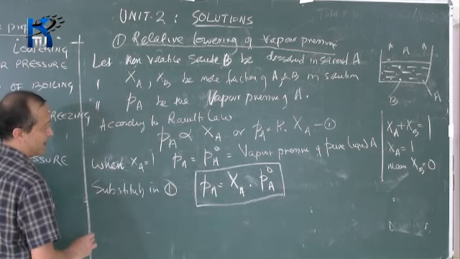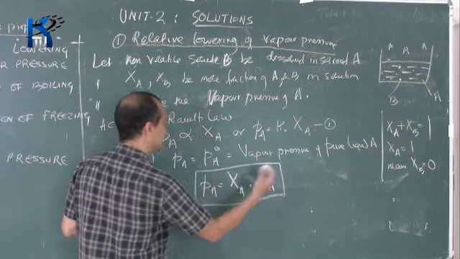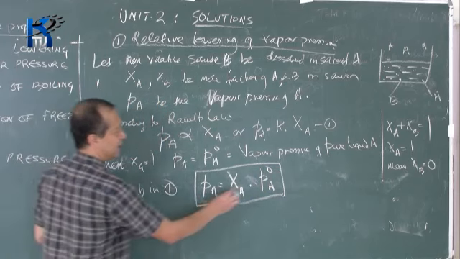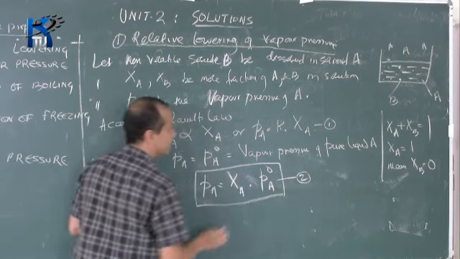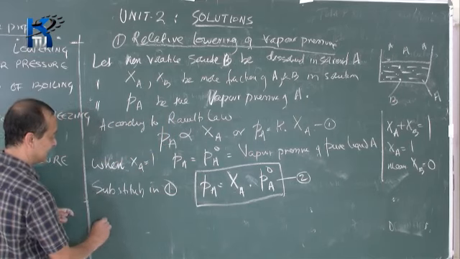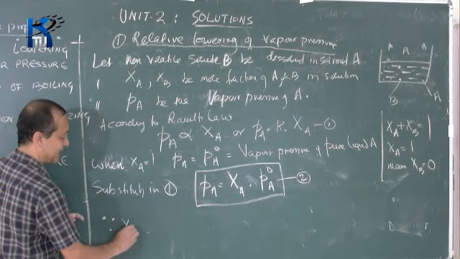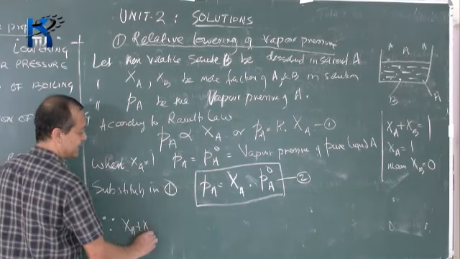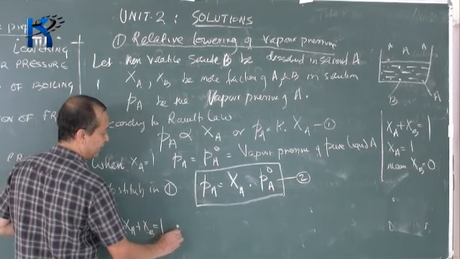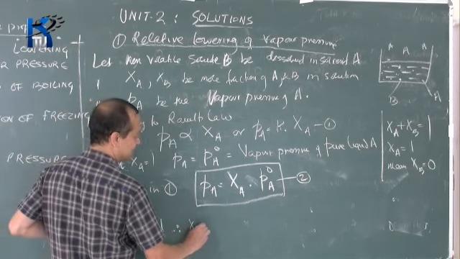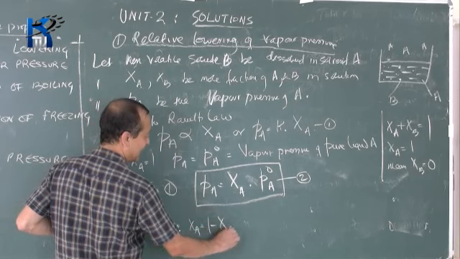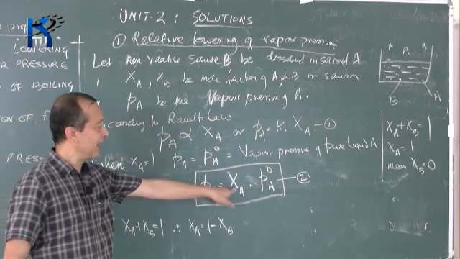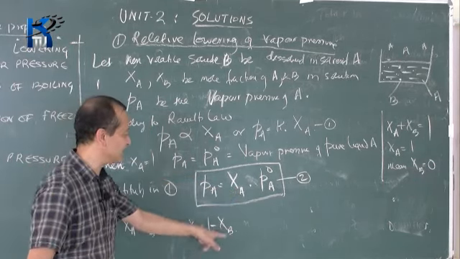There is no need to number it right now, but we can number it. This is number 2. Now since XA plus XB is equal to 1, therefore XA is equal to 1 minus XB. So you can replace XA by 1 minus XB. What do you get?